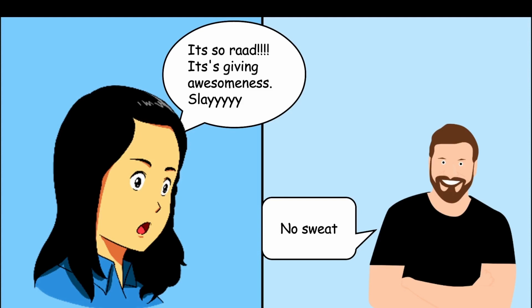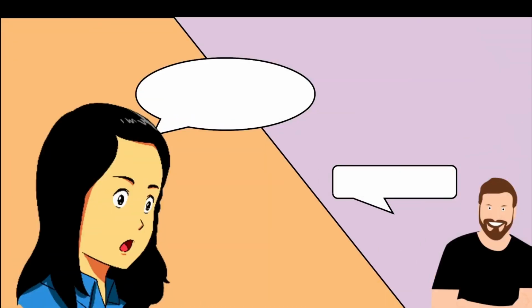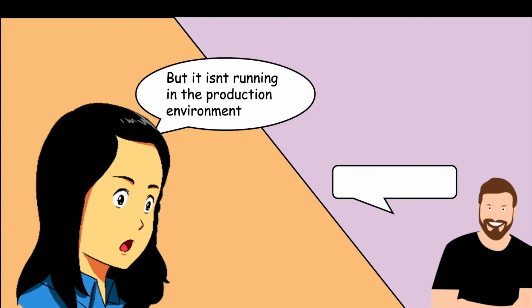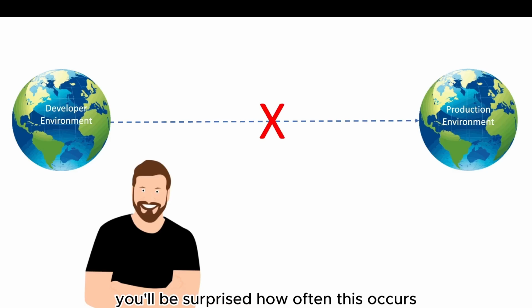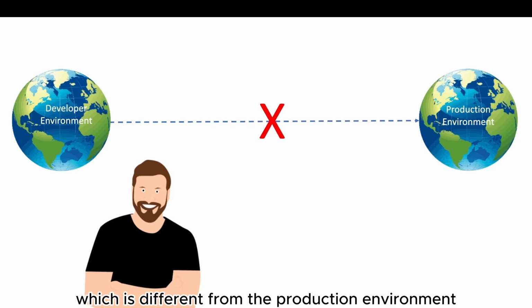Yeah, those words. Um, just one problem though. It isn't running in the production environment. But it's running on my system. You'd be surprised how often this occurs. This mainly happens because developers are more concerned with developing code for the development environment, which is different from the production environment.